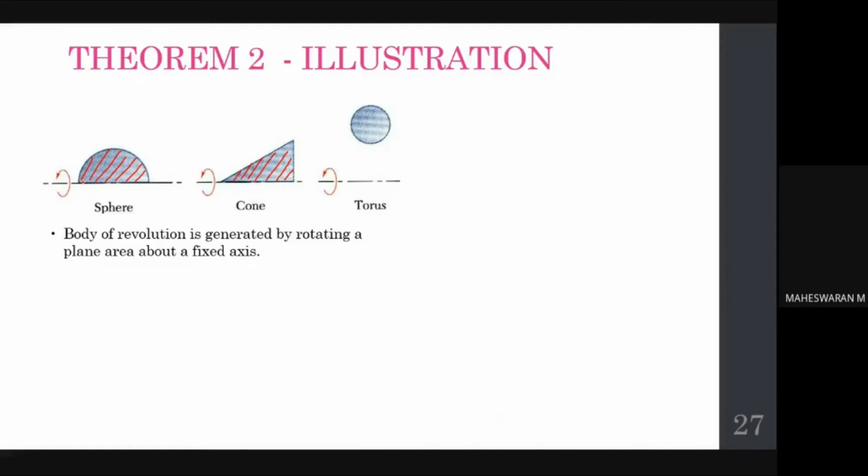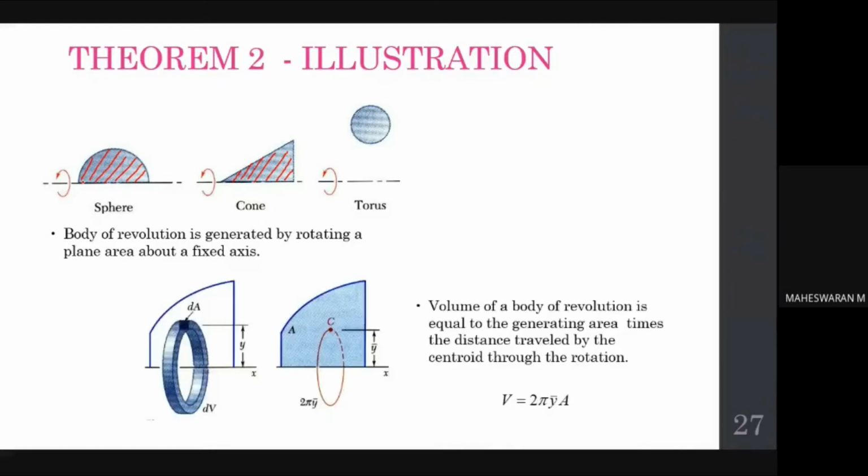Previously, you got only the surface area, right? Now you will get a volume. So here also the formula is similar to that. It is 2 pi into y bar into A, right? Previously it was L. Instead of L, now it is area. Y bar is the same centroidal distance, right? If you multiply with length, you will get surface area. If you multiply with area, you will get volume, right?